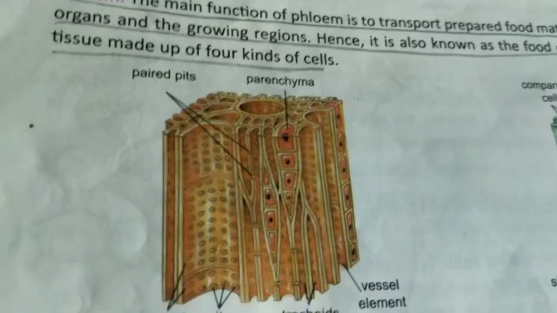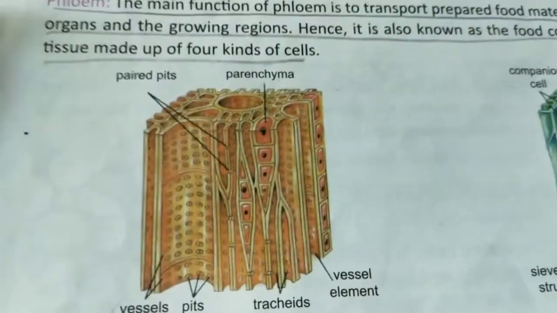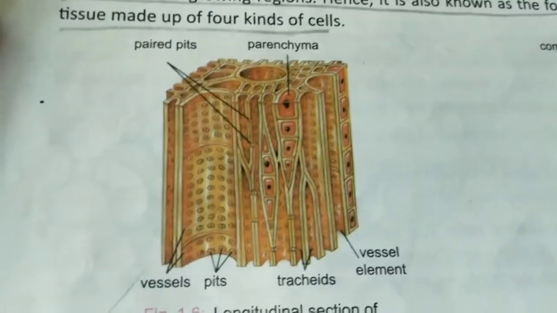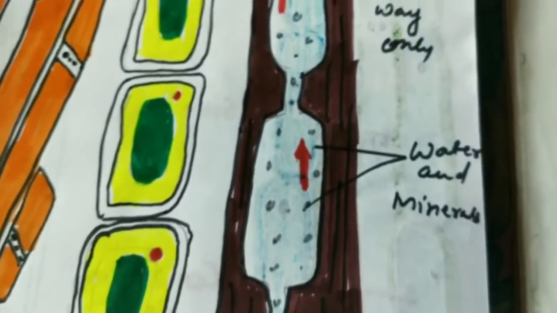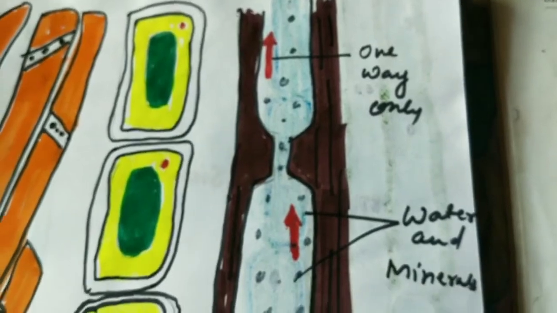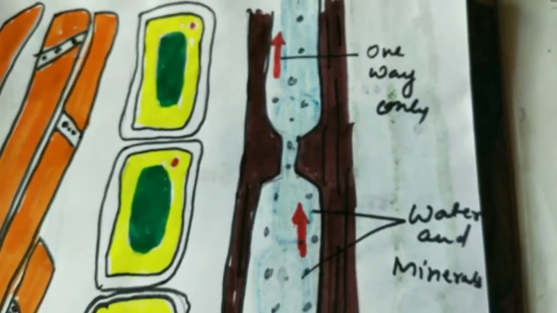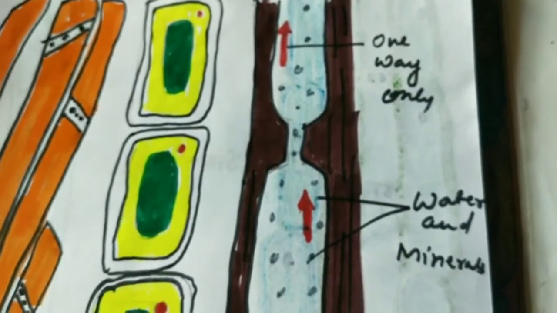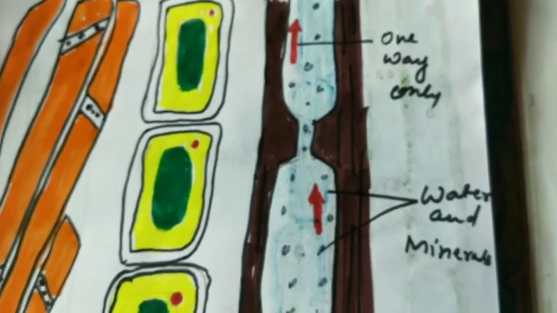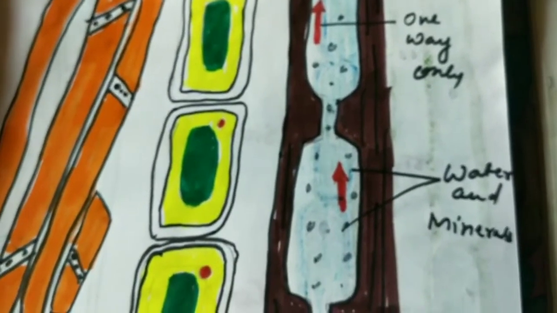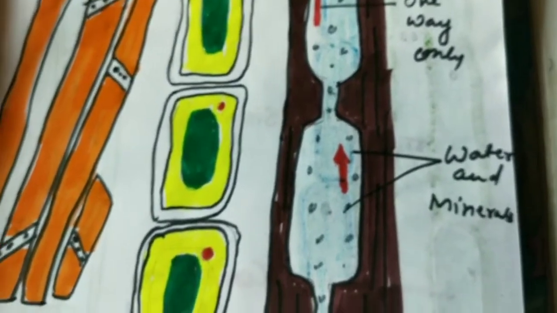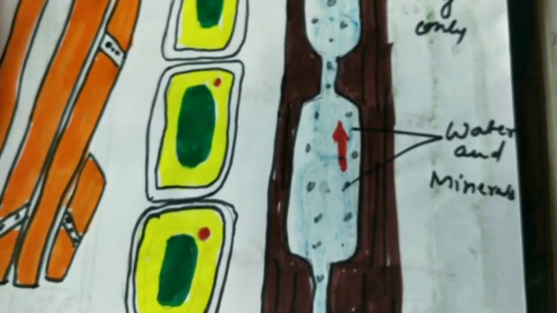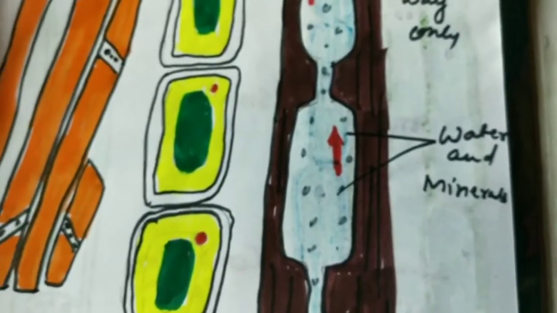If you see the structure, these structures are pipe-like. You can see here the structures are pipe-like, and this red arrow shows the way in which the water and the minerals travel, that is from the roots to the upper parts. The black dots represent the dissolved minerals which are absorbed by the root, and the blue is water.